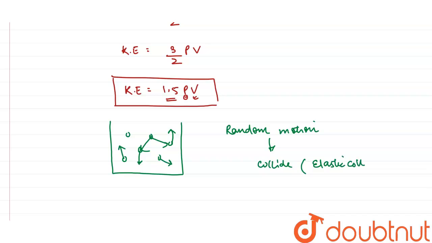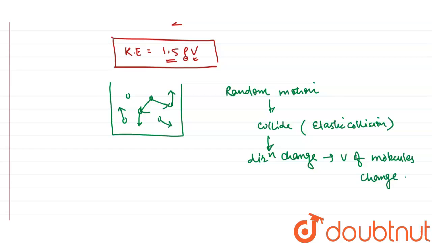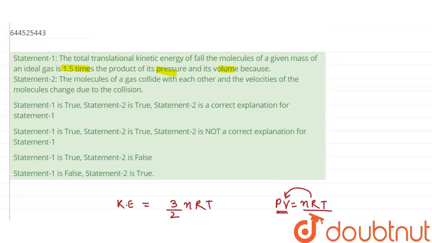Elastic collision means momentum is conserved. And because of collision their direction changes, and when the direction changes, that means the velocity of the molecules also changes. That's what my second statement says, that the molecules of gas collide with each other, correct, and the velocities of the molecules change due to collision, correct.